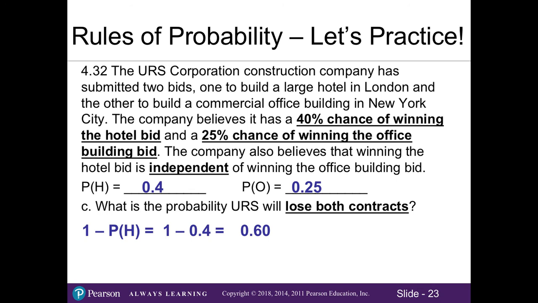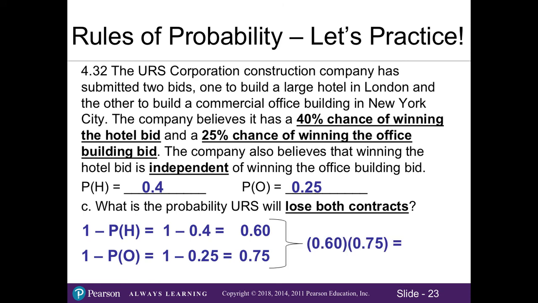And if we do the same thing for our office building, we'll take 1 minus the chance of winning, or 1 minus 0.25, and that gives us a 0.75 chance of losing the office bid. And since we want to know the probability of losing both contracts, we'll use the multiplication rule of independent events and multiply our probabilities of losing each contract. And that gives us 0.45 chance of losing both contracts.